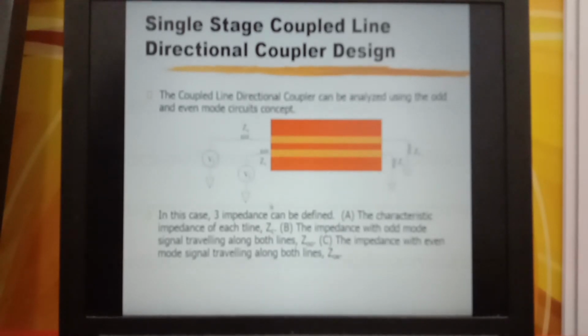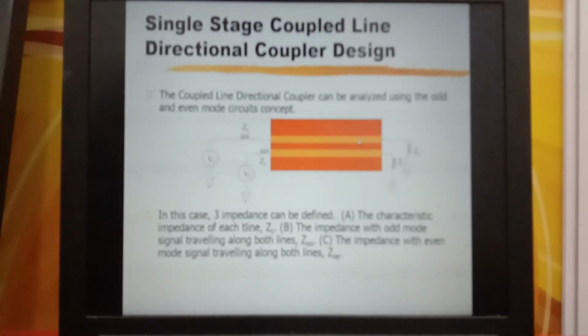Therefore, we can analyze the output due to even mode excitation and the output due to odd mode excitation separately. The final output will be the sum of the output from even and odd mode excitation.